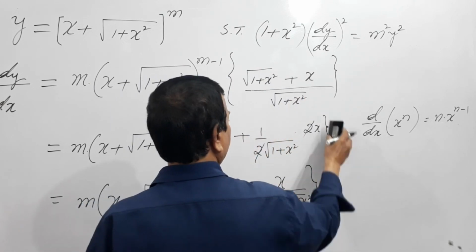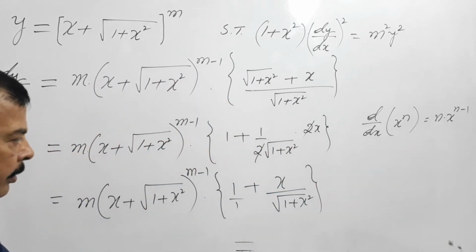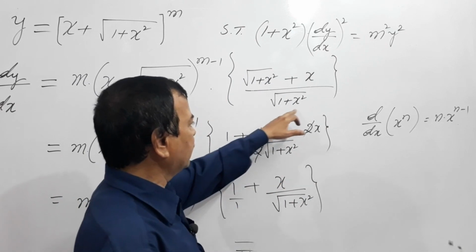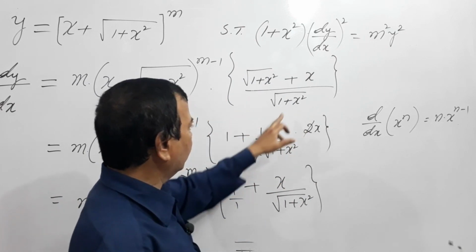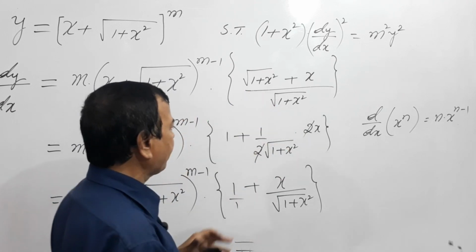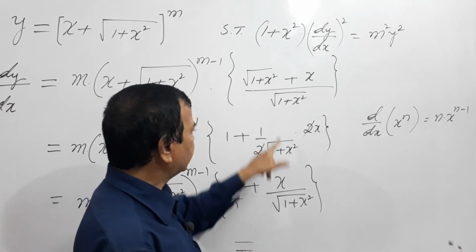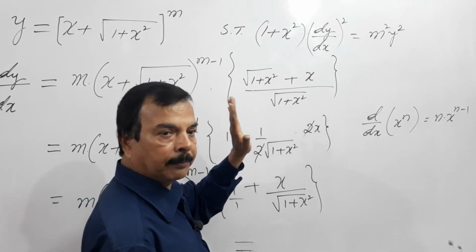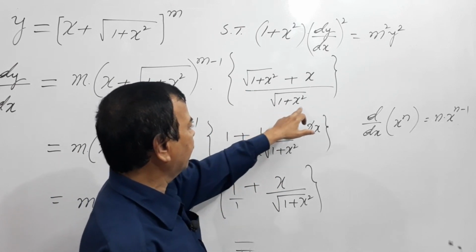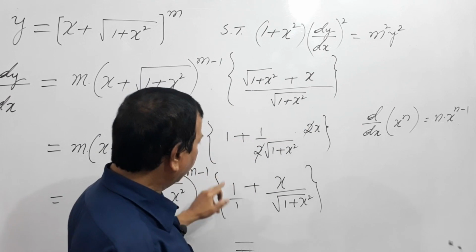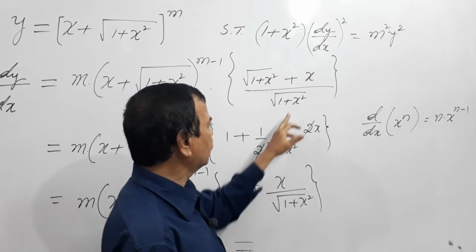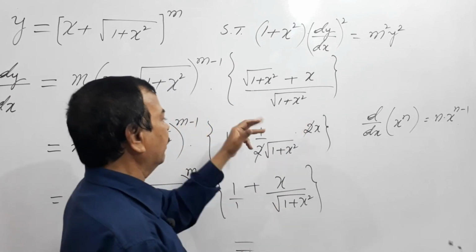Have you followed? See what I have done? The LCM is under the root 1 plus x square, and here 1 goes under the root 1 plus x square times, that into 1 is 1 plus under the root 1 plus x square, as it is repeated, and this goes one time, 1 into x is x. So you have got back this.